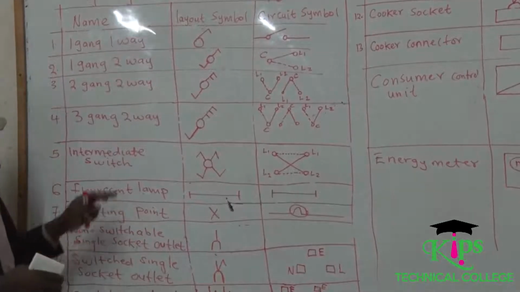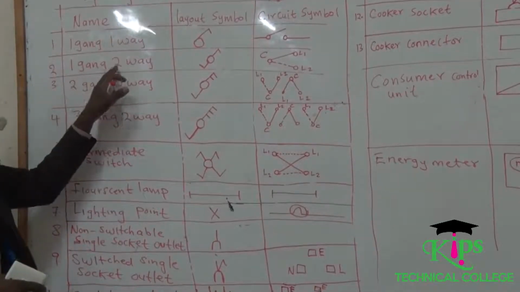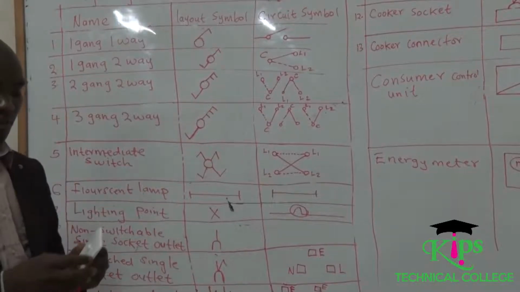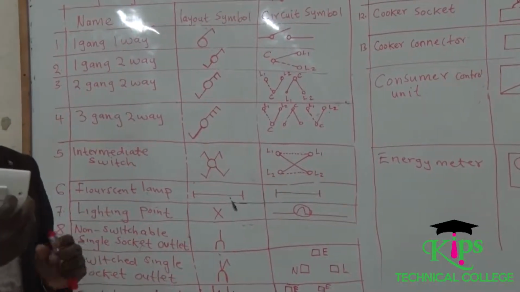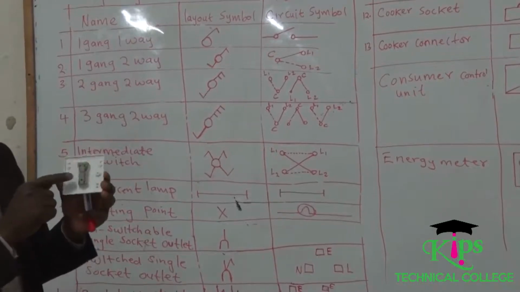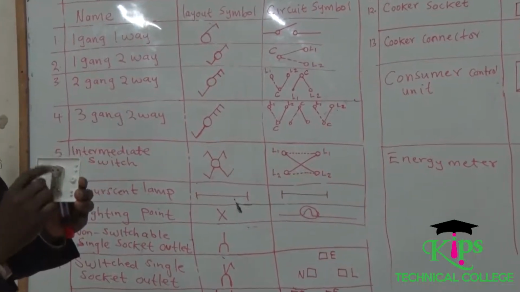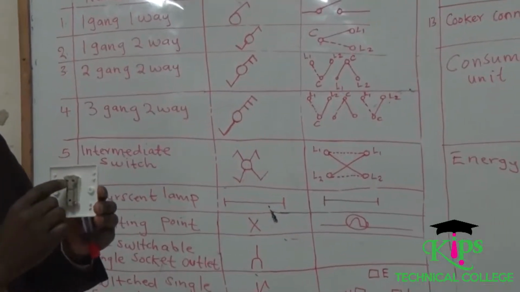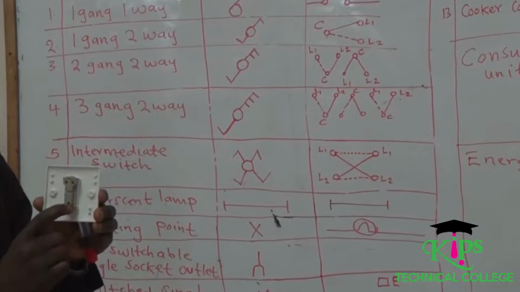The second component is one gang, two-way. Still the same switch can be used as a one gang, two-way. It means now the three holes are functional. But for a one gang, one way, only one of these holes is functional with this common.